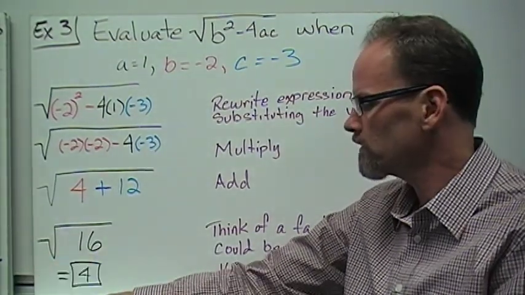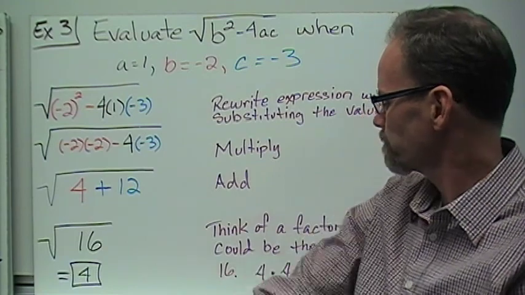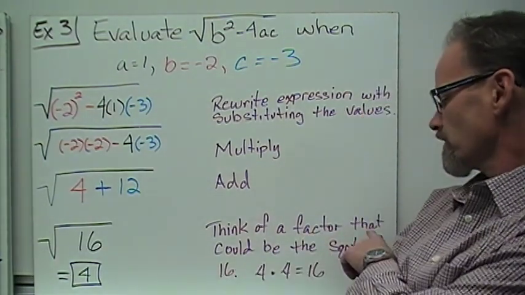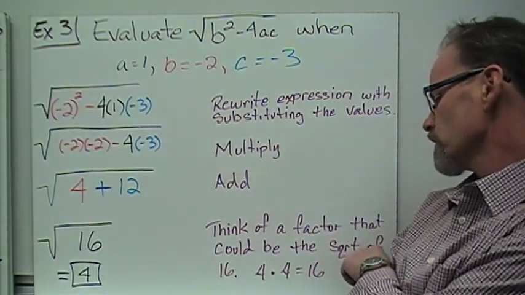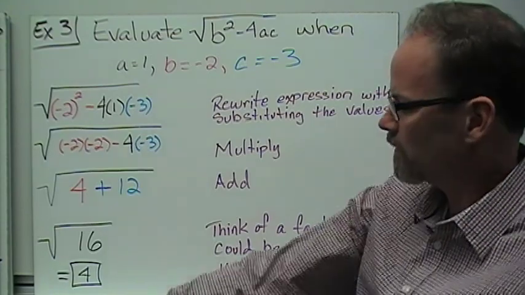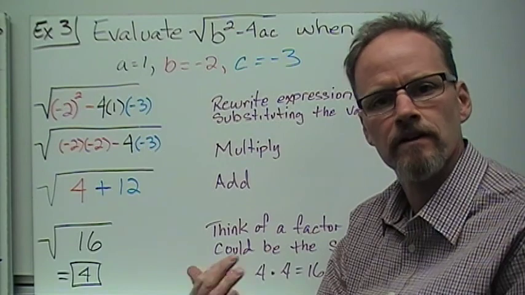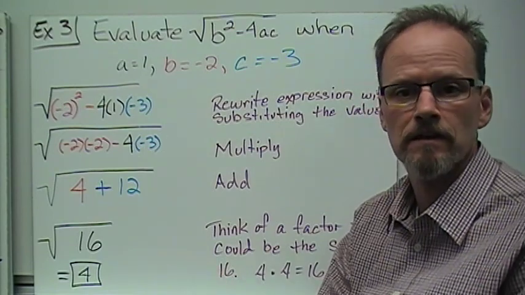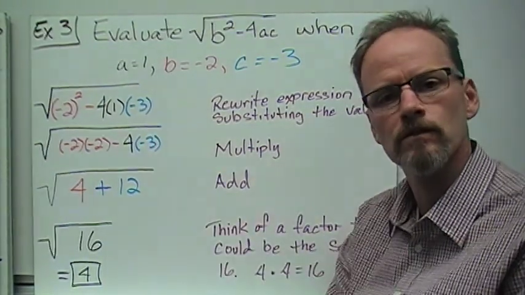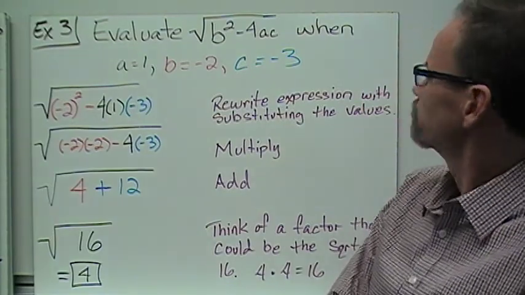So square root of 16 would be 4. Think of a factor that could be the square root of 16. You're always trying to think of factors. What can I multiply a factor times itself to get me the answer that's underneath the square root sign?